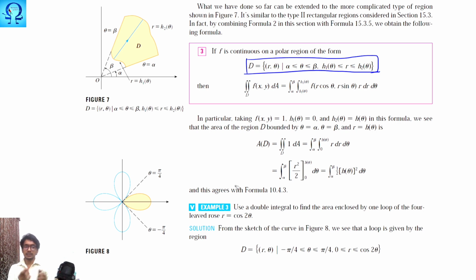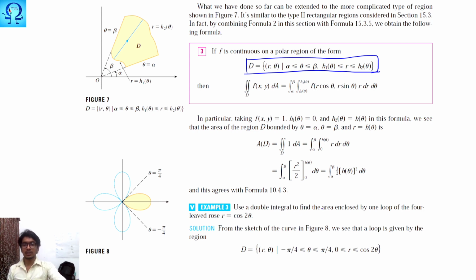It is very infinitesimally small, and when you add these things together, that gives you the entire area. Adding very small things is the concept of integration. So this one we can remember and do things.